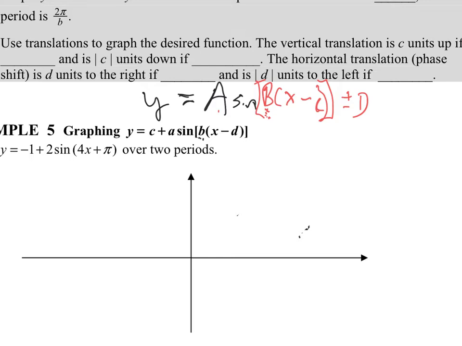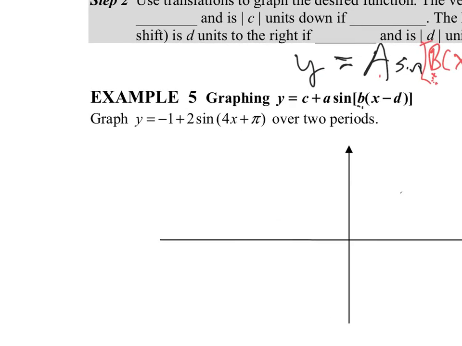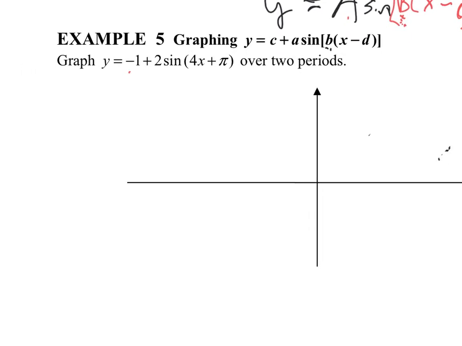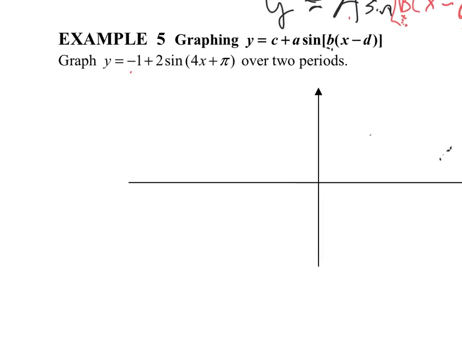So I'm looking at this problem. The thing he does differently is he puts this constant in the front, which makes no difference where my D goes. But I notice his book does this a lot. So he wants 2 periods, so it doesn't really matter where you put your 0. You really don't even care where 0 is.